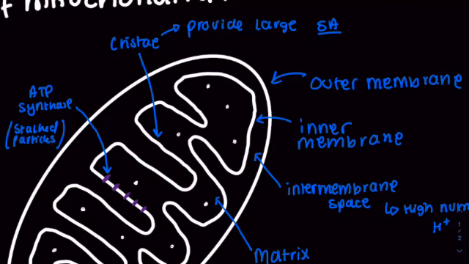They provide a large surface area because they can hold electron transport chain proteins and ATP synthase proteins. They can hold a lot of them, which means that you are able to synthesize a lot more ATP.